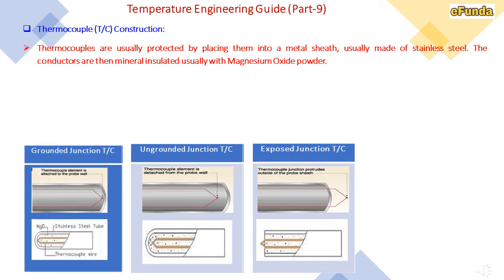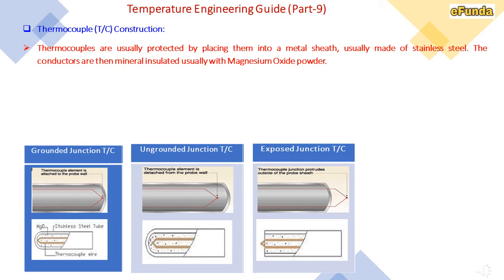In a grounded junction, the thermocouple element is attached to the probe. In an ungrounded junction, the thermocouple element is detached from the probe wall. In an exposed junction, the thermocouple junction protrudes outside the probe sheath.